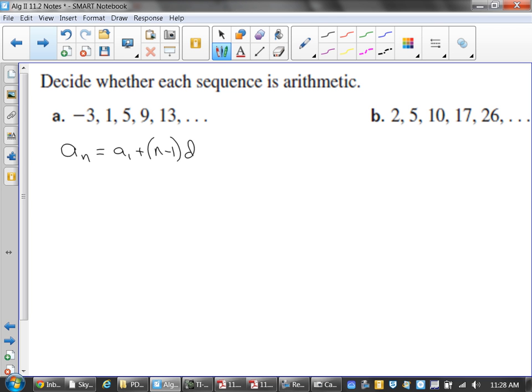And you're going to fill in the blanks. You want to write it in terms of the nth rule. So the nth rule is my first term plus whatever that value is in the sequence, minus 1 times that common difference, which in this case is 4.